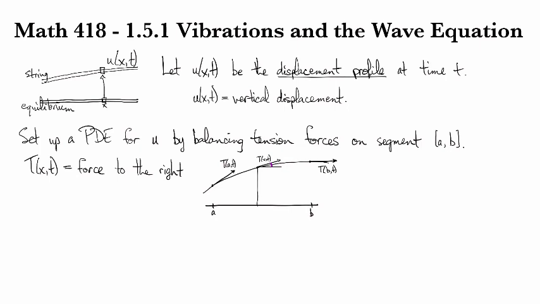Okay, so this angle right here is going to be theta at time t. And so it should be clear that, based on what I said about how the u is giving us the displacement, this angle here is going to coincide with u sub x, the slope of that curve at that point.